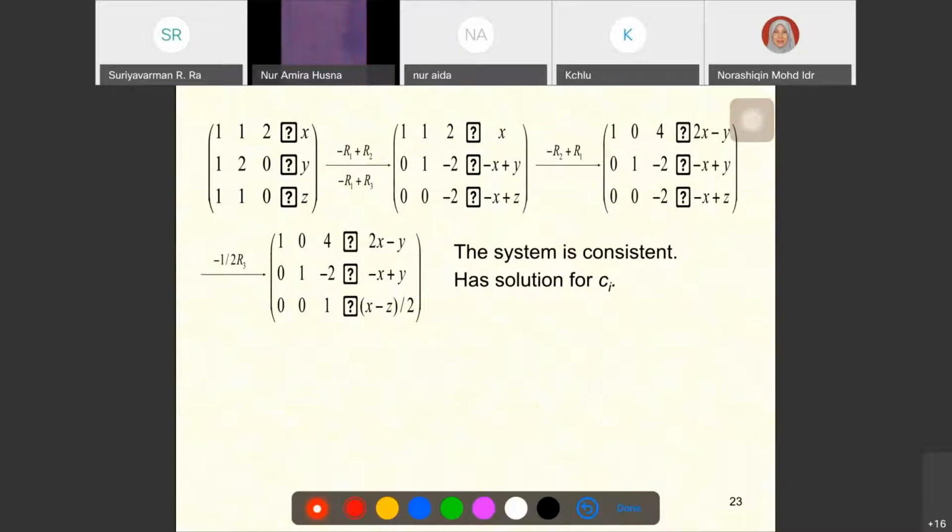So you can stop here and we can say that S spans R3. So without finding the C's, we can just stop here, right, doctor? Yes, that's right. Because we have x, y, z, the C's will be in general in the form of x, y, z. Okay, doctor.